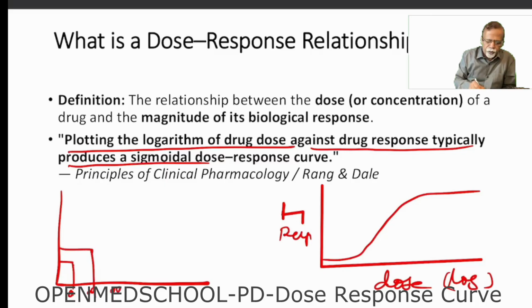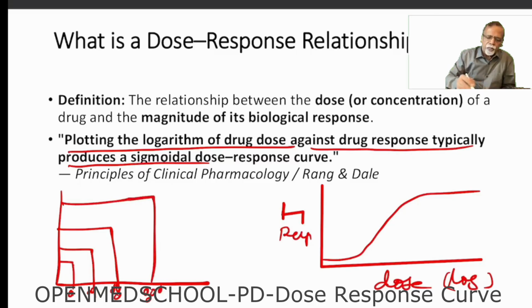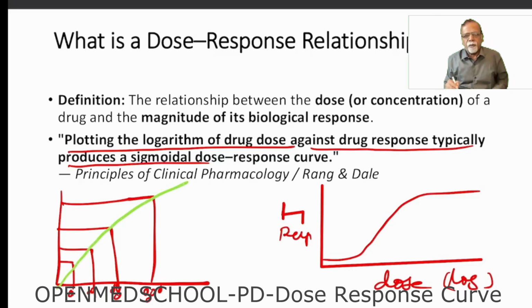When you increase it again, the response increases further. When you plot the graph, it will have a shape like this. It is a hyperbola or a linear response system. So this is the dose response curve, this is the log dose response curve, and this is usually taken as the dose response relationship for calculating.